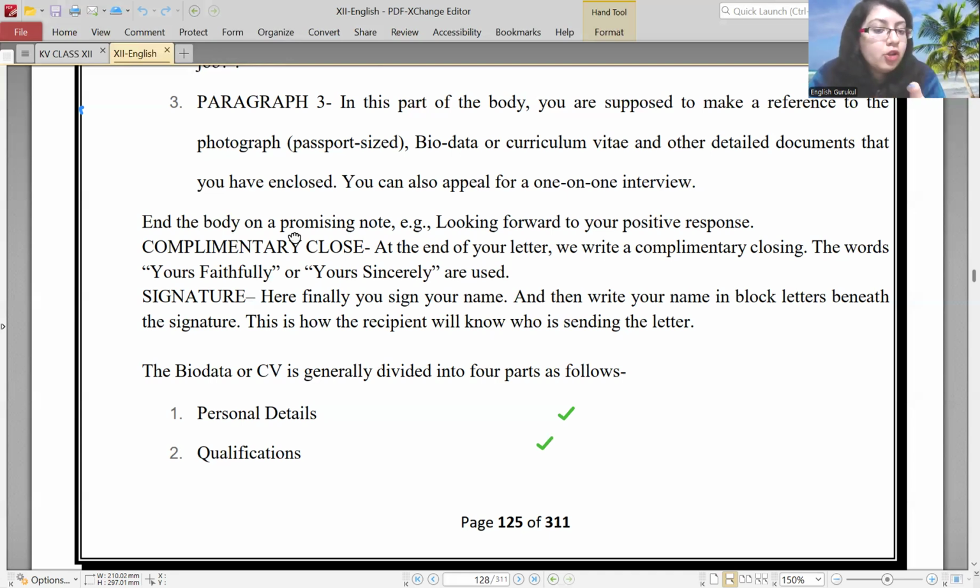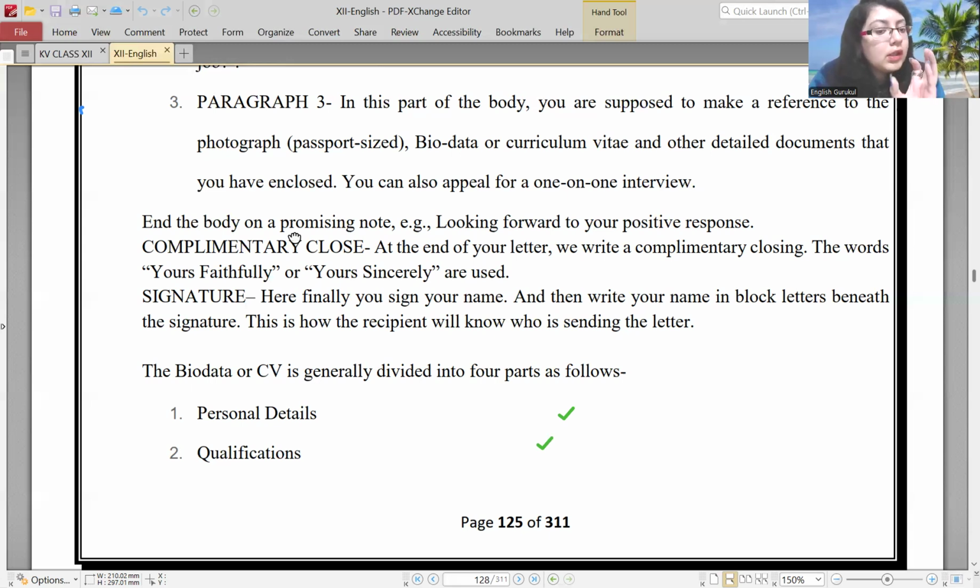Clear? Signature: here finally you sign your name and then write your name in block letters, in capital letters, beneath the signature. This is how the recipient will know who is sending the letter.